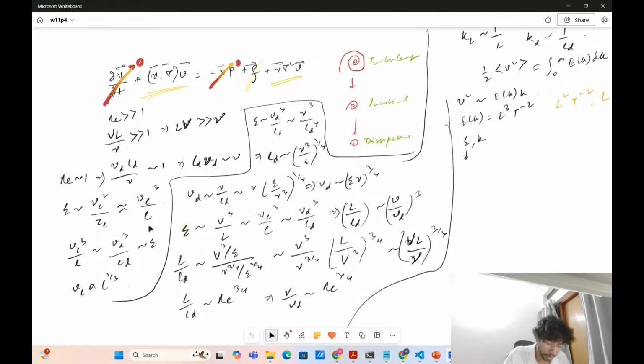V is L t to the power of minus 1, so L cube t to the power of minus 3 by L will be L square t to the power of minus 3, and K is 1 by L, right? So if you just do a dimensional analysis, E(k) will turn out to be C times epsilon to the power of 2/3 times K to the power of minus 5/3.